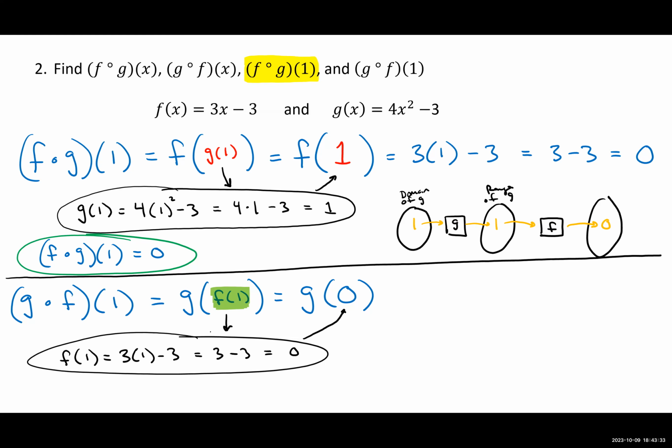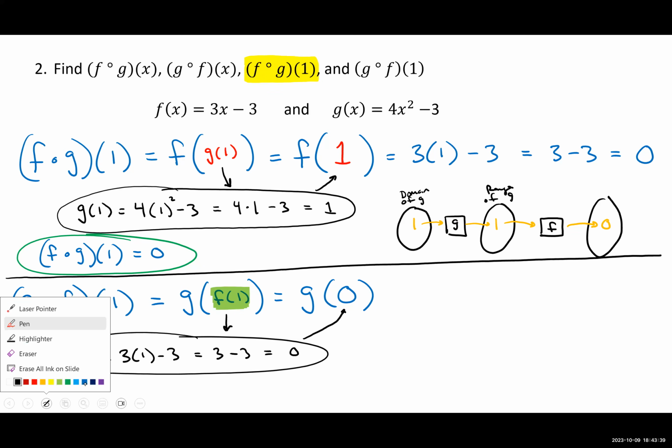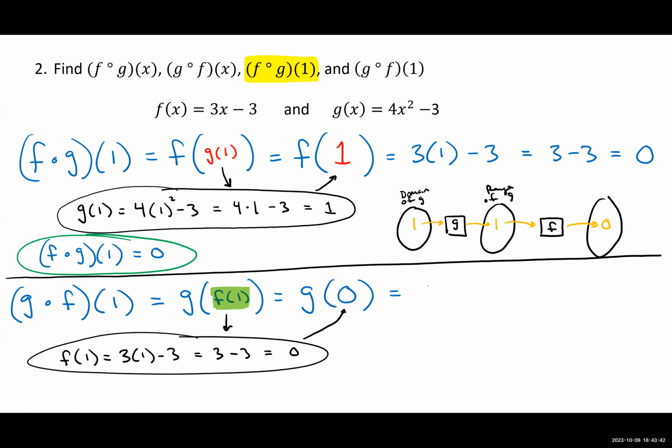We plug 1 into the f function, and now we get an answer, and that answer, 0, we plug into the g function. So g of 0 means we take the g function and replace the x with a 0. So instead of 4x squared, it's 4 times 0 squared minus 3. Anything times 0 is 0, so that'll be 0 minus 3, which will be minus 3.